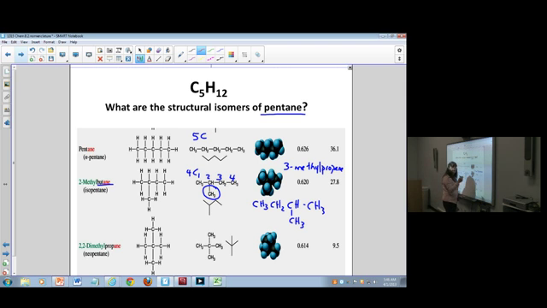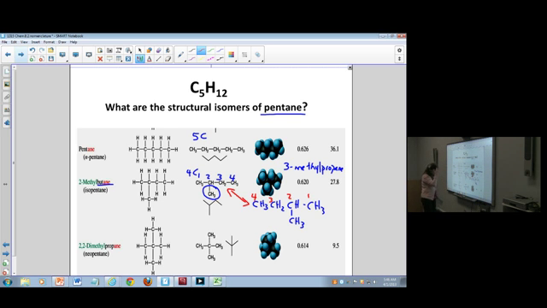And so even though it's not normal for we Americans, we would go backwards here. 1, 2, 3, 4, because I want to number it in such a way that the methyl group is on the lowest possible numbering. And so you'll see that these two are actually the same. They're not different. It's just that the molecule, which it can easily do, is flipped in space the other direction.